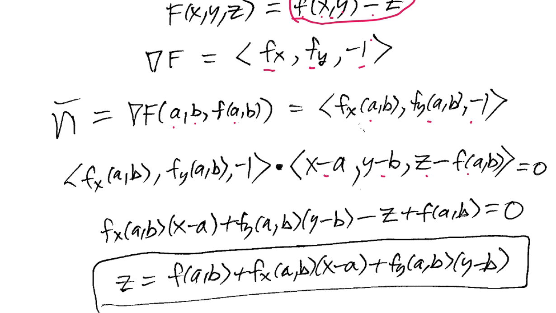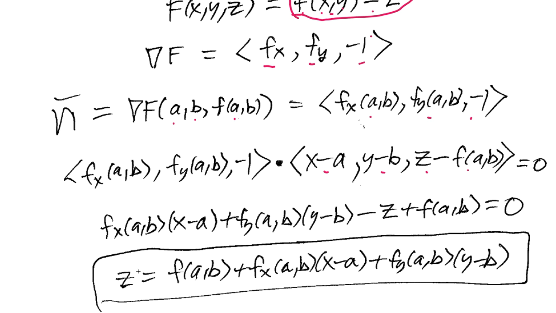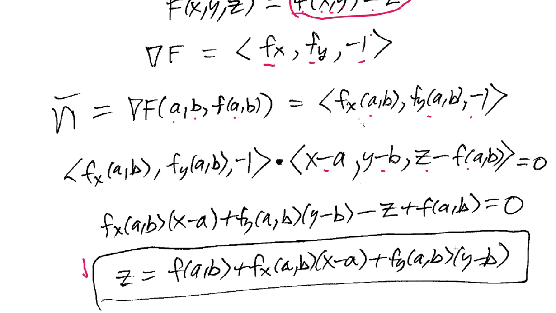Put that all together, take your dot product, and write it in the form where z has been isolated instead of my typical normal form. I get little f of (a, b) plus f sub x at (a, b) times (x minus a) plus f sub y at (a, b) times (y minus b). My goodness, that's exactly my old form. So these two methods are totally consistent.